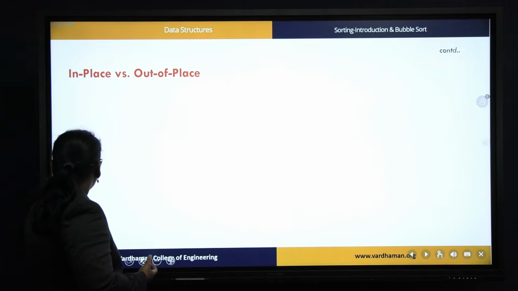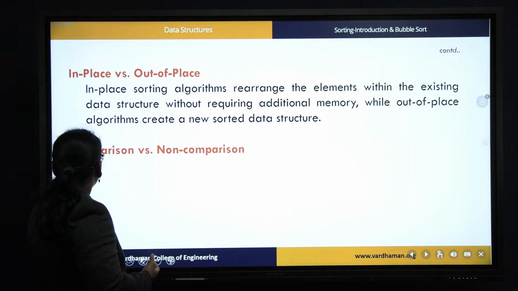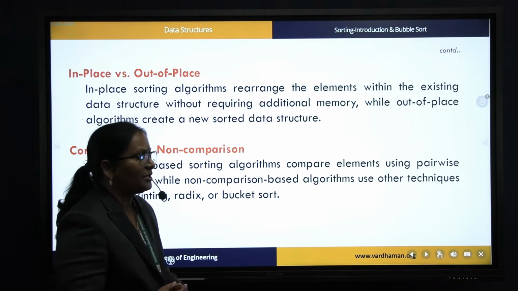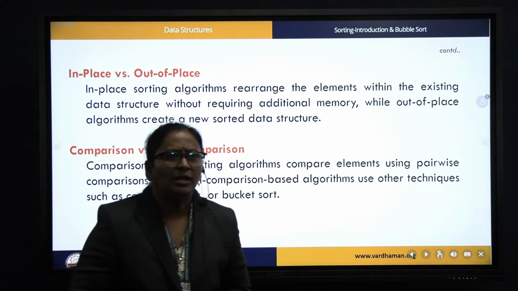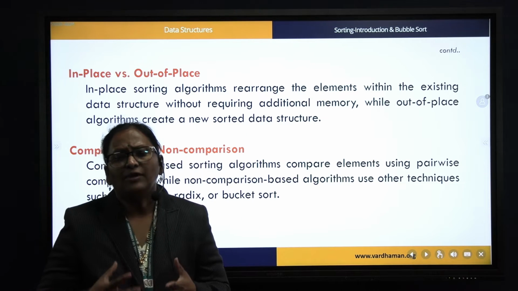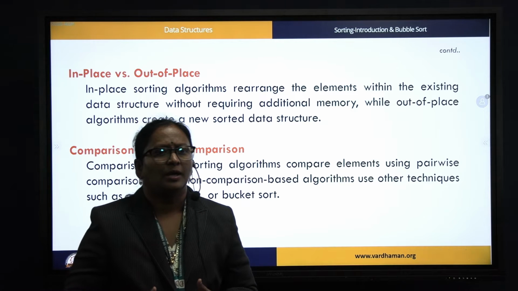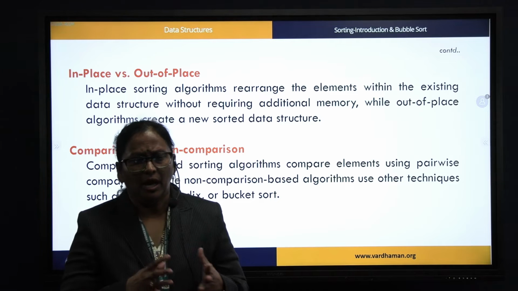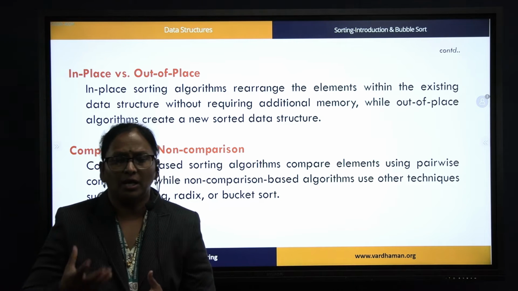Now, what are the other factors we have? In place versus out of place. We also have comparison versus non-comparison. In place means when we are sorting elements without having extra memory space, we can arrange our data. That means we take one array, we apply the sorting procedure, and we get the sorted array in the same array.